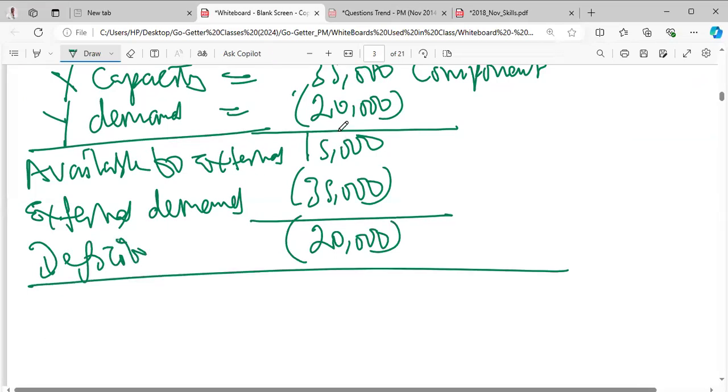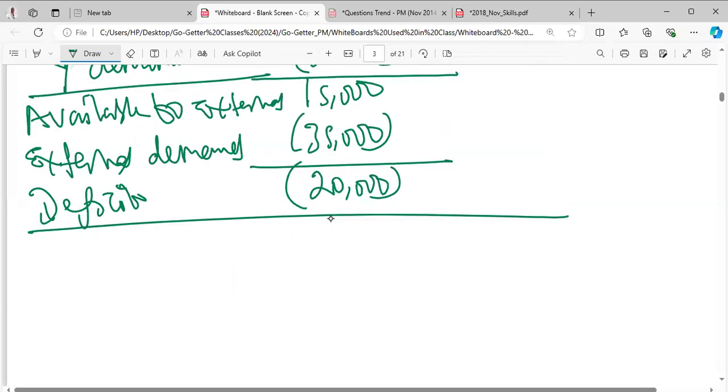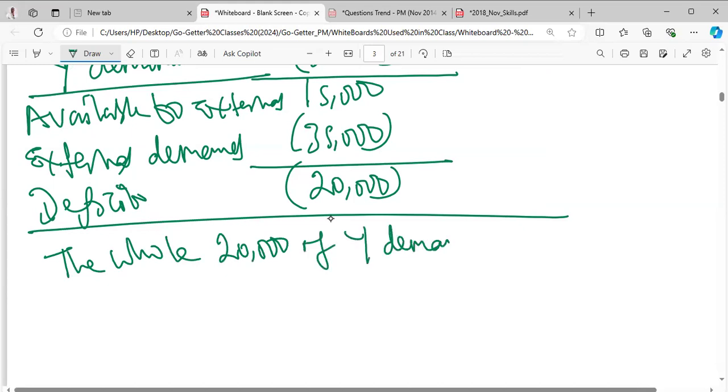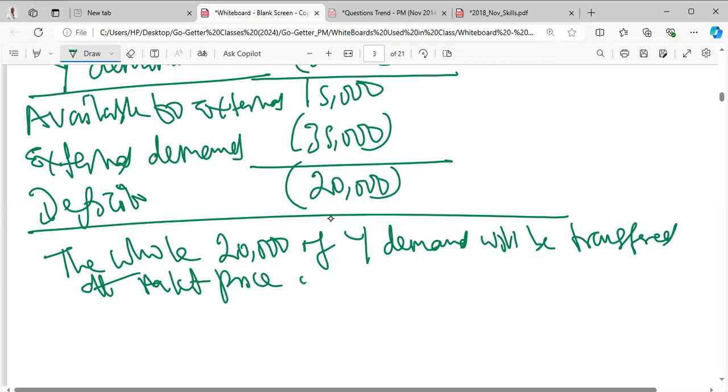And normally the deficit, that 20,000, is going to affect what is given to Y. So it means that the whole 20,000 of Y demand will be transferred at market price of 200.